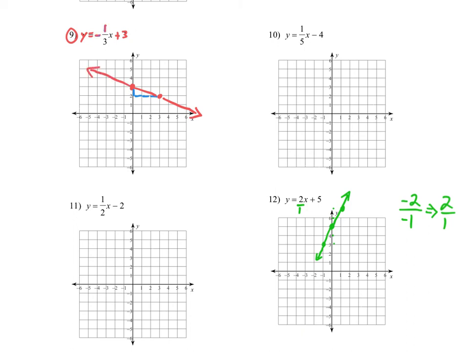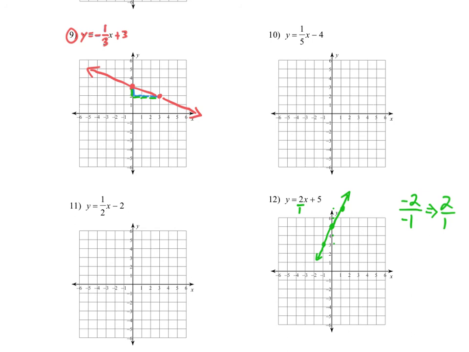Negative 1, down 1, and then over 3. The negative doesn't go to both. Remember what we talked about? If there was negatives on both, it would flip it into a positive, right? This one does not have that. So I simply go negative 1, which is down 1, and then over 3: 1, 2, 3. And then I have enough points to make my graph.